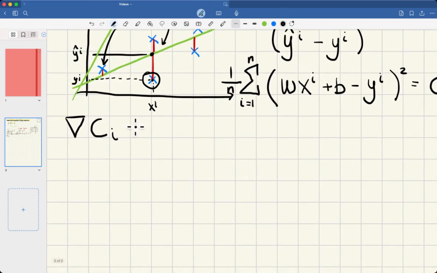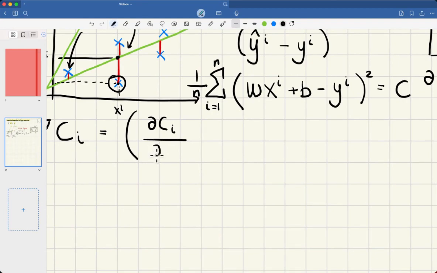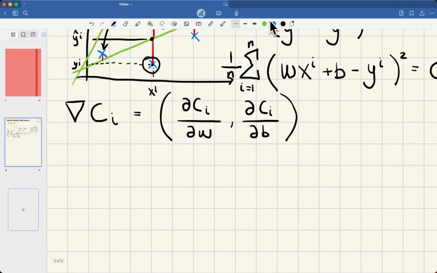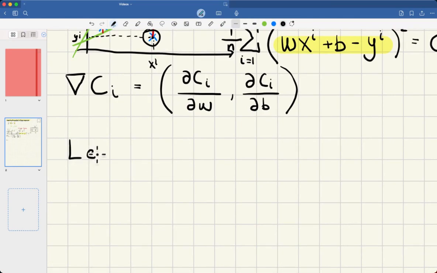So we want to take, first of all, the partial derivative of our C function with respect to our W, and we also want to take the partial derivative with respect to our B. Now, we have all this stuff here, and we can use U substitution to make this a bit easier. So, for example, let U be all of this stuff in here: W xi plus B minus yi.